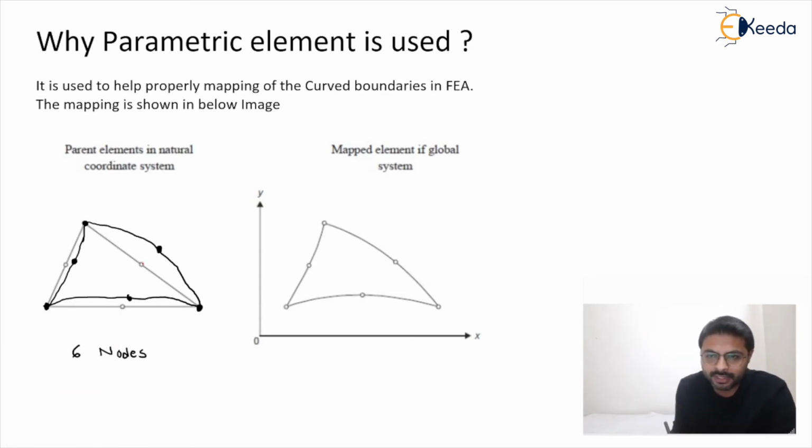So this much error we are getting. To eliminate this kind of error, we map it by a parametric system or parametric element.